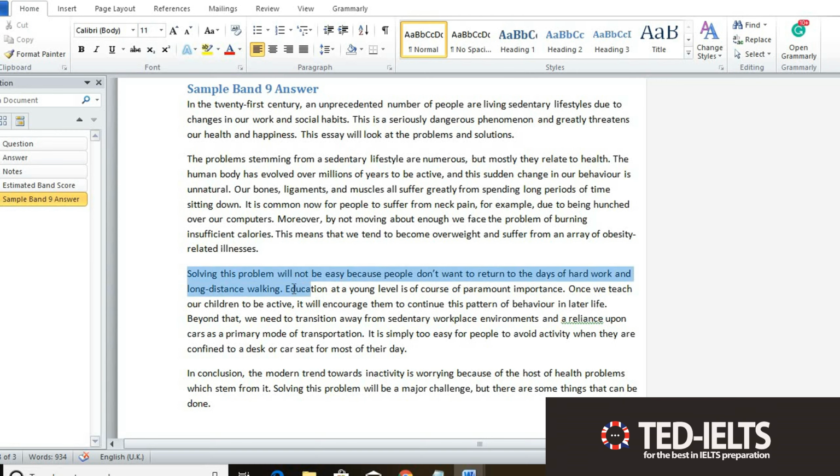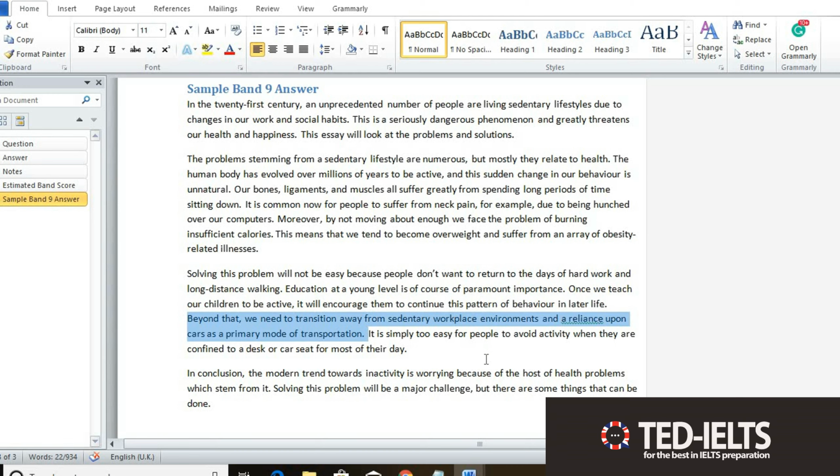Solving this is not going to be easy, so I express this is my topic sentence, and I say because people don't want to go back to hard work and long distance walking. Then I introduce my solution, which is education. Then we further that by explaining how education could work. We give more details.